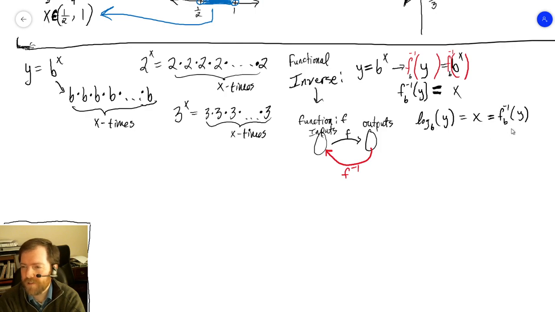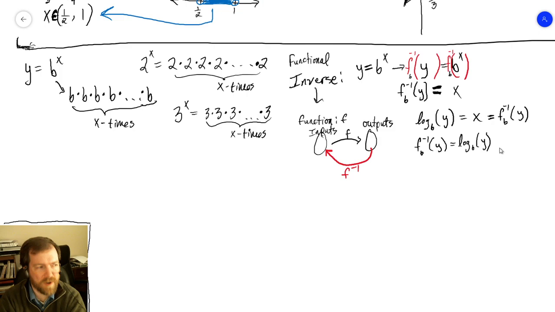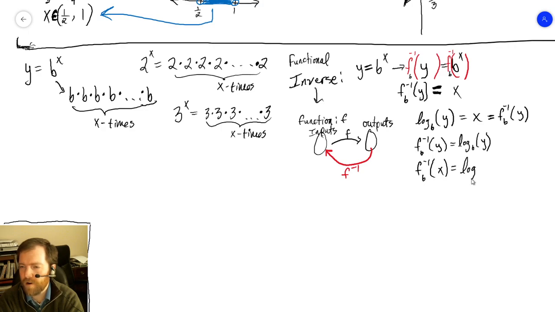So if we write this now in that shorthand, the functional inverse base b of y is equal to the log base b of y. I don't really like having a y as my independent variable. So in order to compare the original function and this function, I'm going to just change the variables, because it doesn't matter what variable is on the inside of the function, provided that you match it everywhere that variable existed in that function.